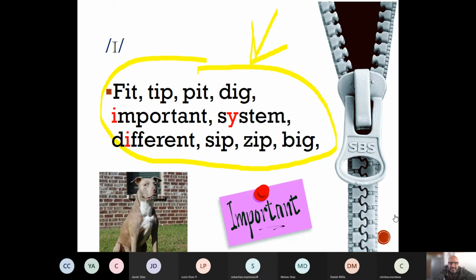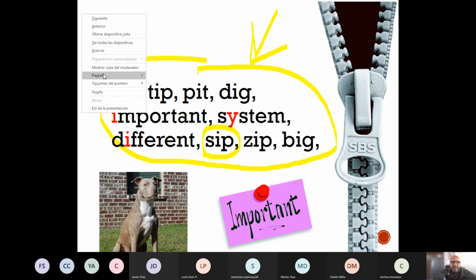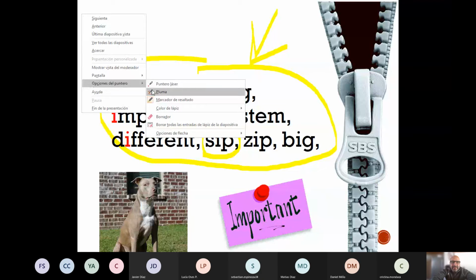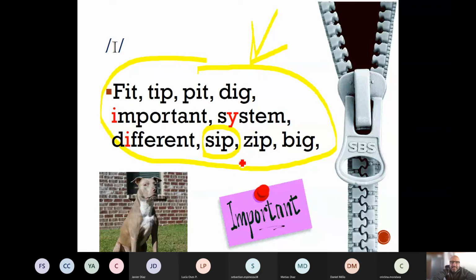All right, very well done. Now, I want you to make a difference, Sebastián, between the sounds. For example, let's focus on this one. The idea is that you say sip, sip, not seep, sip, sip.